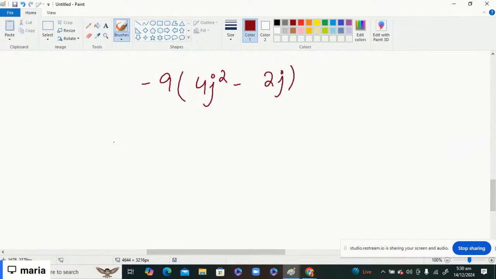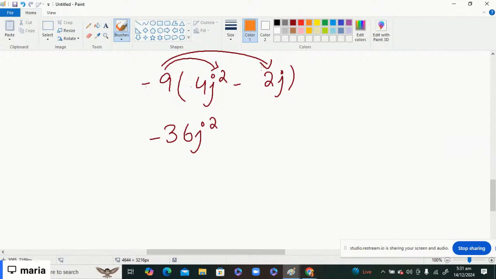First of all, we are going to multiply this 9 with the first one, then multiply this 9 with the second one. So 9 with the 4, what's the answer? 36. Here is negative sign, here is plus sign, so minus plus is minus, and J square as it is.